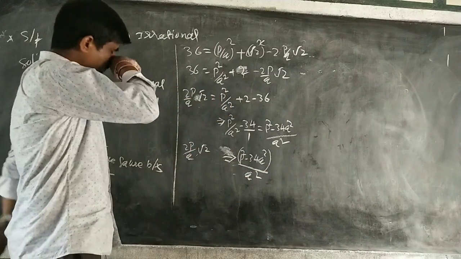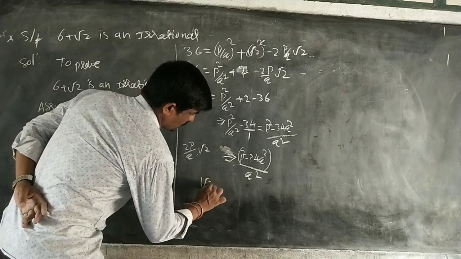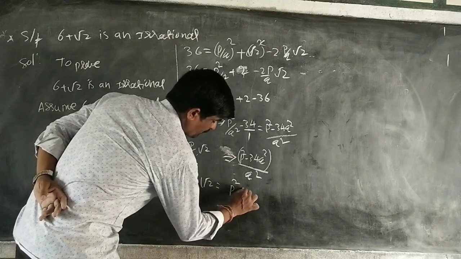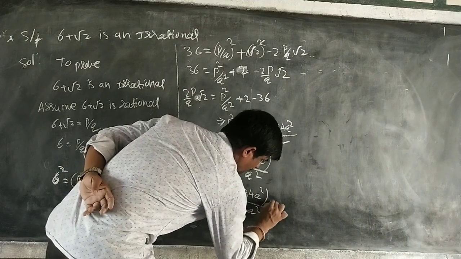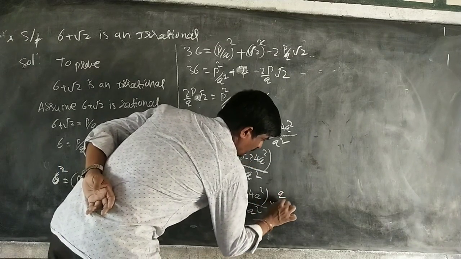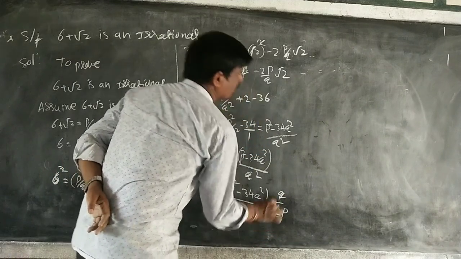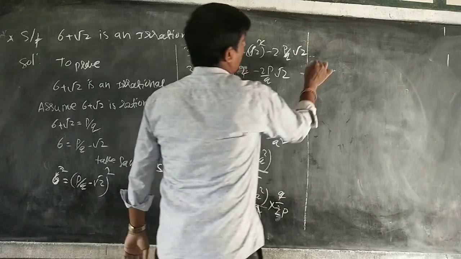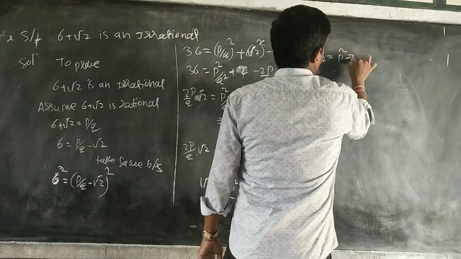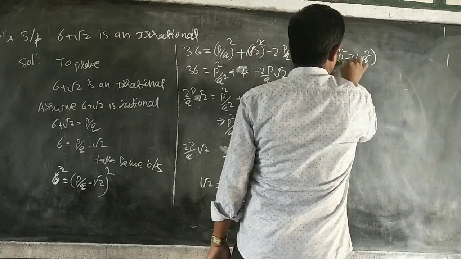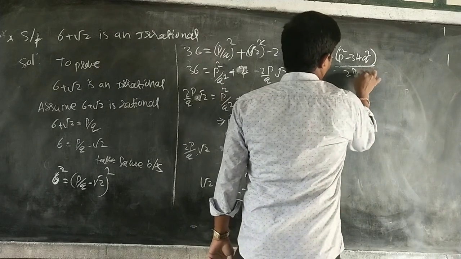So bring this 2P by Q to the right side. Therefore, root 2 is equal to P square minus 34Q square by Q square into Q by 2P. Q gets cancelled. Next, root 2 is equal to P square minus 34Q square by 2PQ.